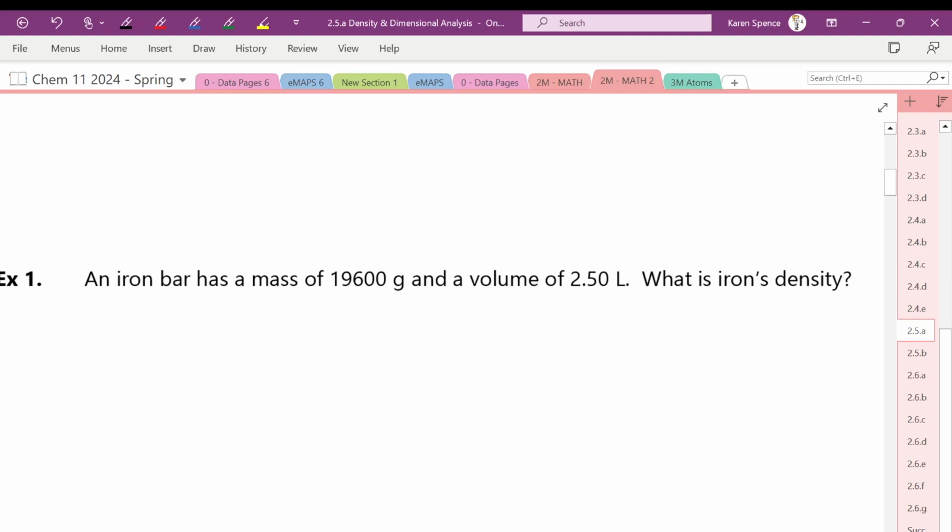So if you want to do it from scratch with me, just have some blank paper. The question is, what is the iron's density? The only way to find density is to use the density formula. Density equals mass divided by volume. There's no unit conversion you can do here. You're doing a division, you're not doing anything else.